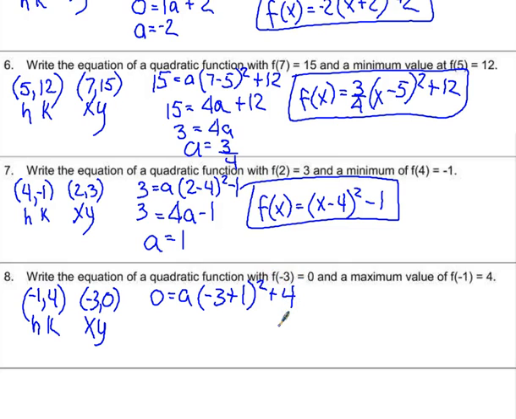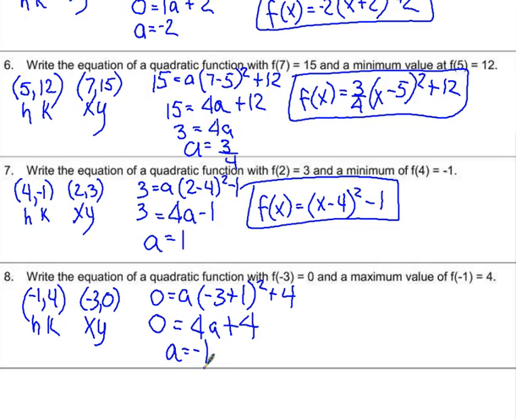All right, we do the simple math. We get 4a plus 4 is equal to 0. We subtract 4 from both sides and then divide, and we get a is equal to negative 1.